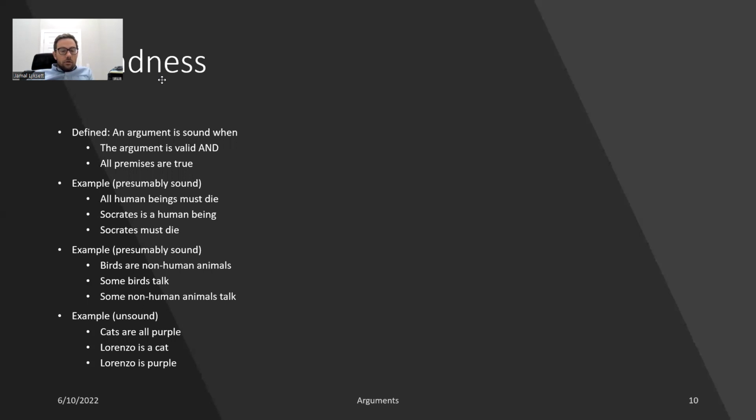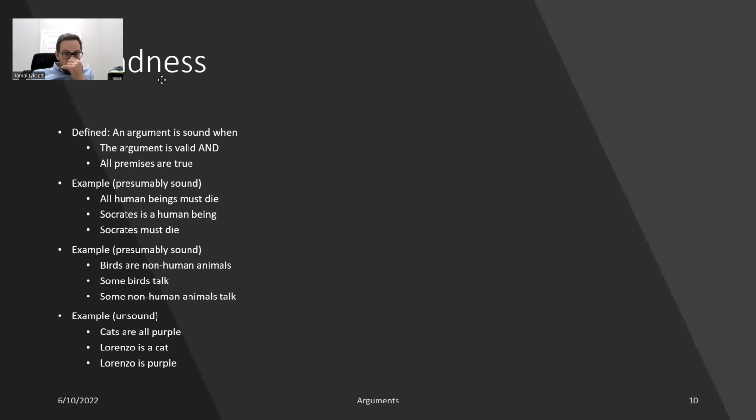So another example: birds are non-human animals. Some birds talk. Therefore, some non-human animals talk. Now I say presumably true because you might say, well, birds don't truly talk, they just mimic or something. But I'm going to take their speaking as talking here.